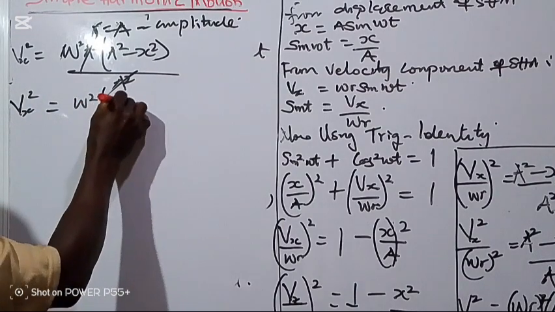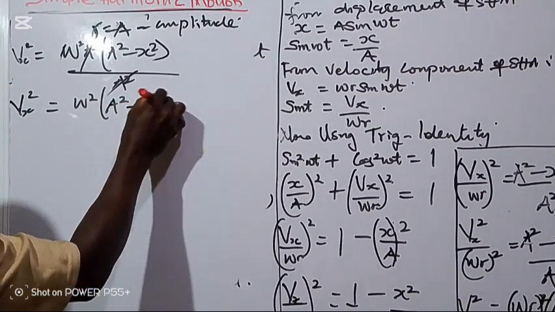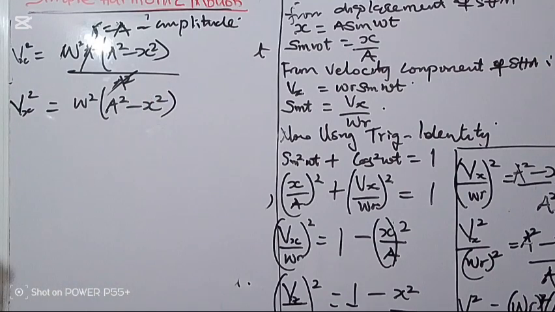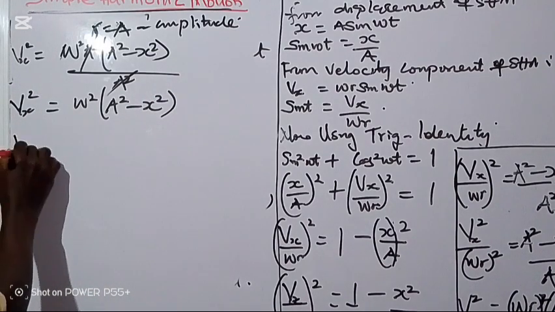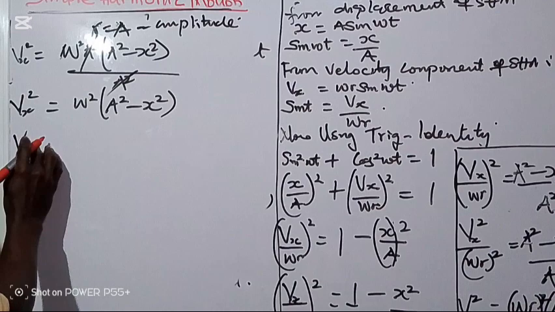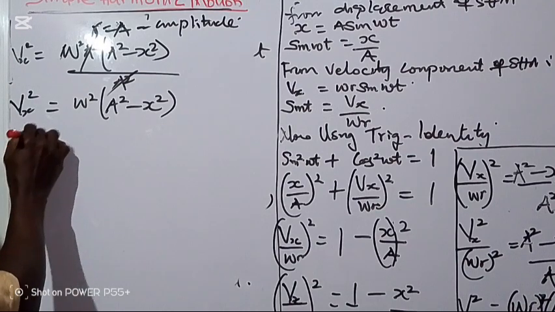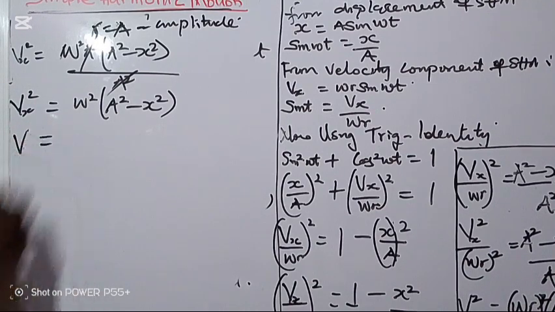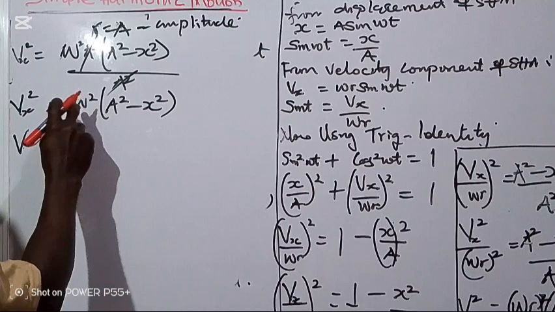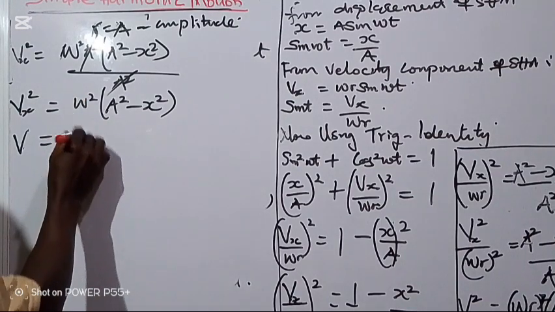So taking the square root of both sides, we are going to have v, that is now the velocity of the simple harmonic motion, equal to omega times the square root of a squared minus s squared.